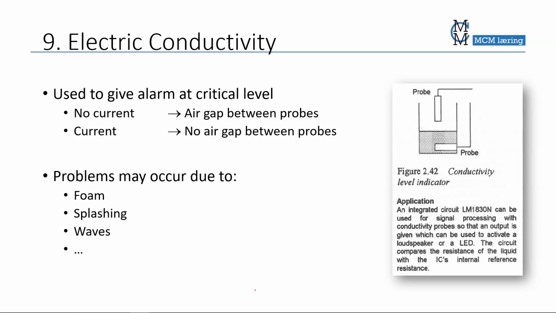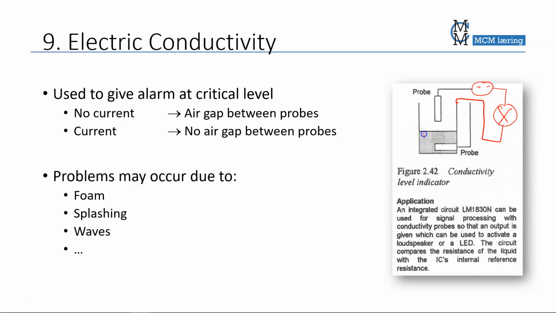One principle is electric conductivity, and that is used, of course, for conductive materials, where you have two probes and you apply a voltage. And then you have something like, for example, a light bulb, and you connect it like this.